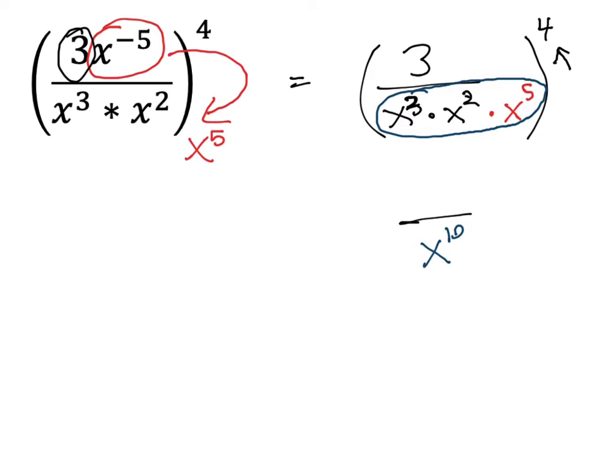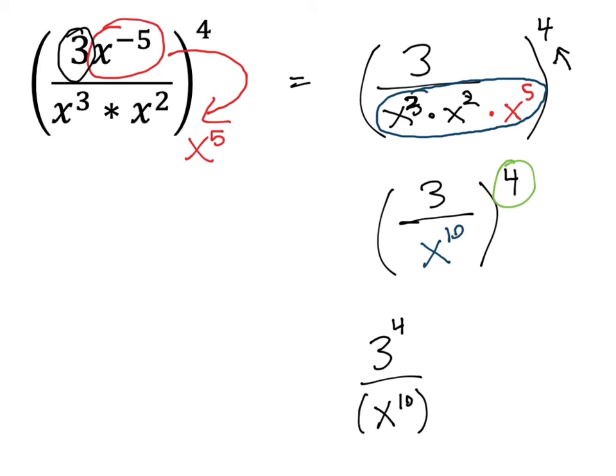We still have the coefficient 3 in the numerator, and now we can distribute this 4 to the numerator and denominator of our fraction. So this becomes 3 to the power of 4 over x to the power of 10 to the power of 4.